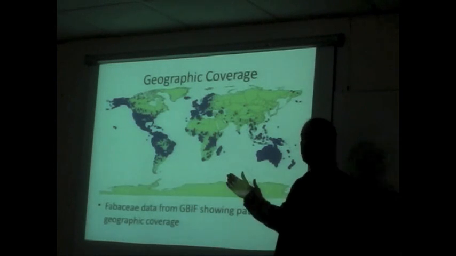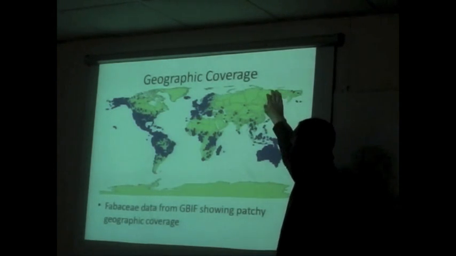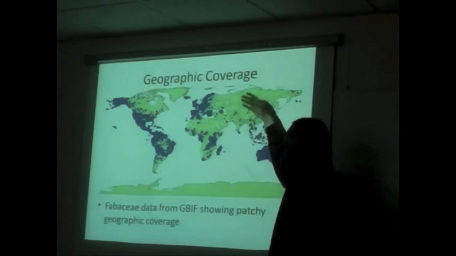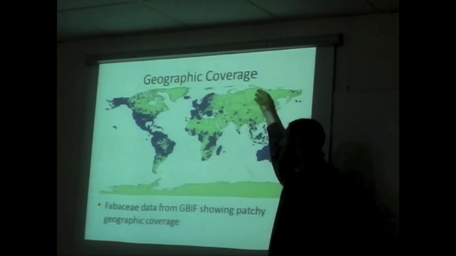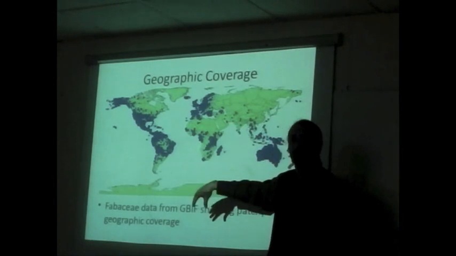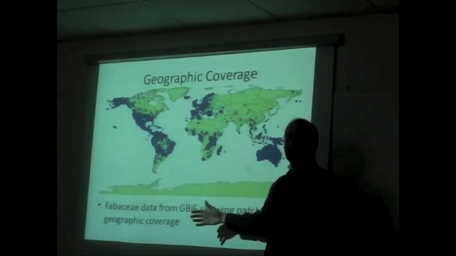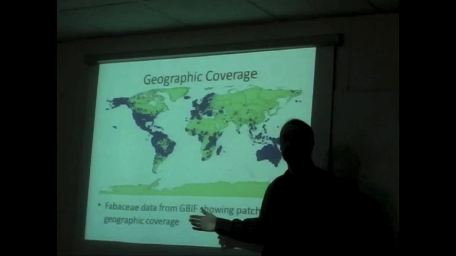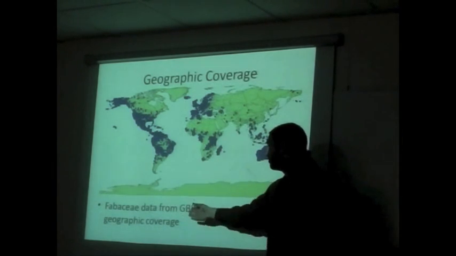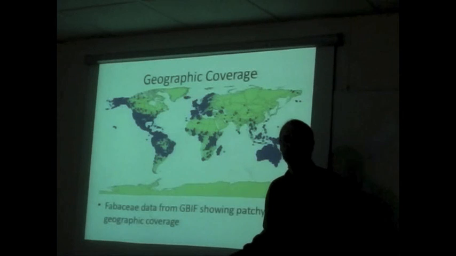Now, it turns out, as an example, that the reason that there's no Russian data, at least at this time, was that they were not contributing to the GBIF portal. So if we want Russian data, we have to look somewhere else apart from this museum portal.